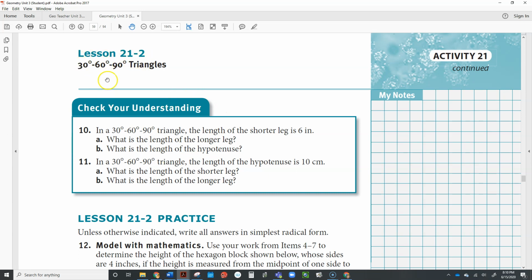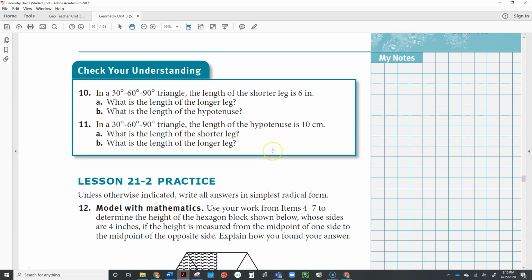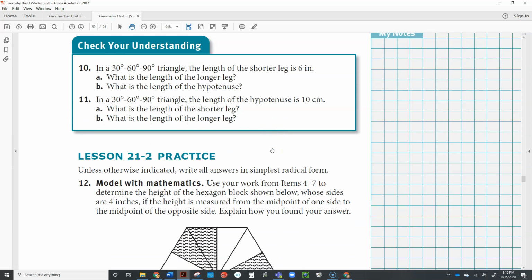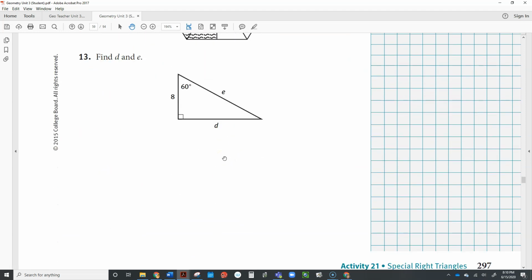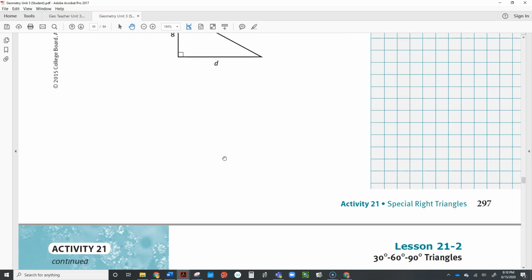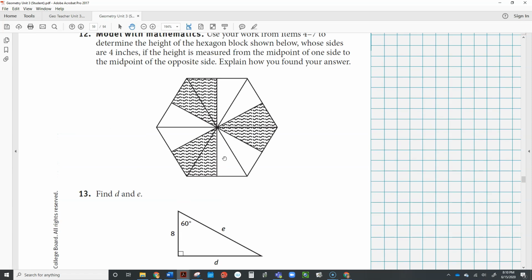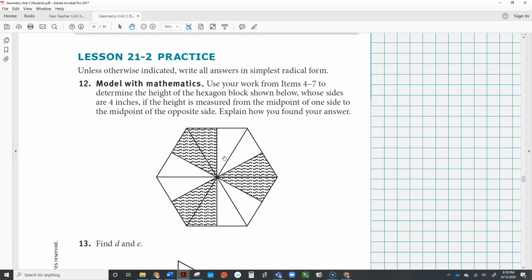So you'll be using 30-60-90 formulas and 45-45-90 formulas and the Pythagorean theorem a lot for the rest of the course. My next video will be going over the answers to these, and I will also pull up the formula sheet and show you how to utilize that.